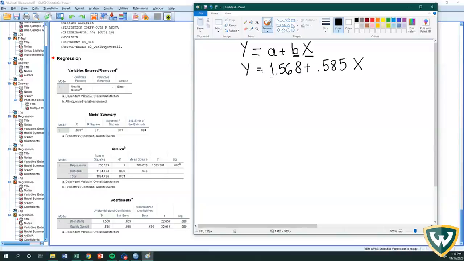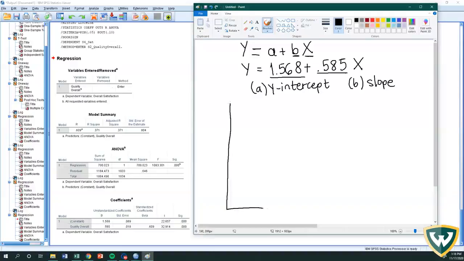So the first two coefficients that you have here give you your y-intercept, A, and the slope, B.